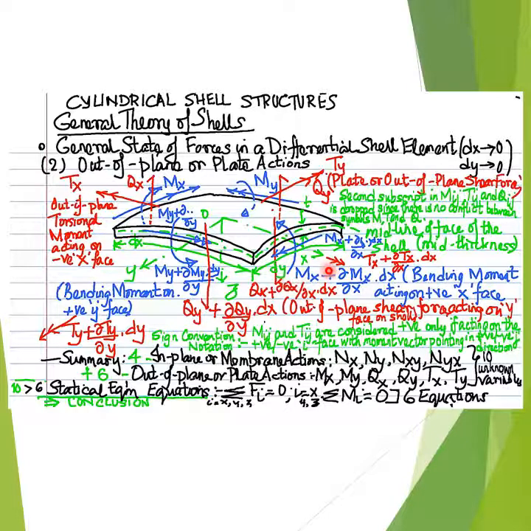For example, the bending moment Mx acting on the positive x face of the differential shell element is considered positive if the moment vector of the bending moment Mx is pointing in the positive y direction, and the bending moment My is considered positive if acting on the positive y face with the moment vector pointing in the positive x direction, wherein i and j can assume the values of x or y as applicable.